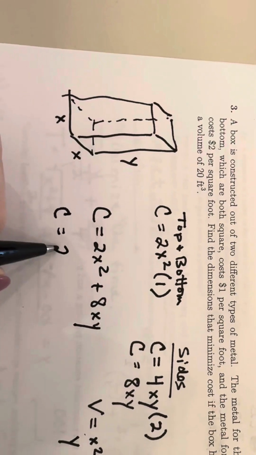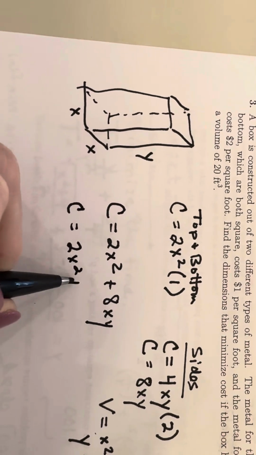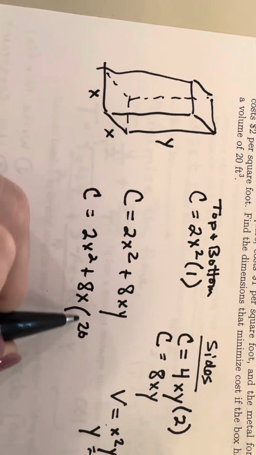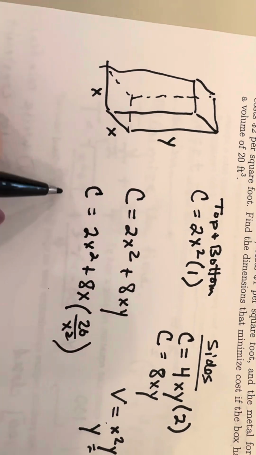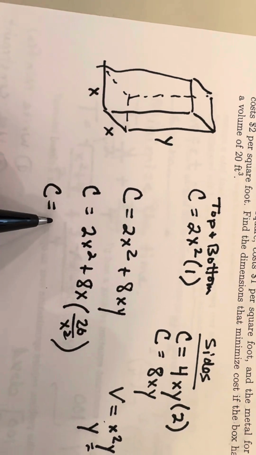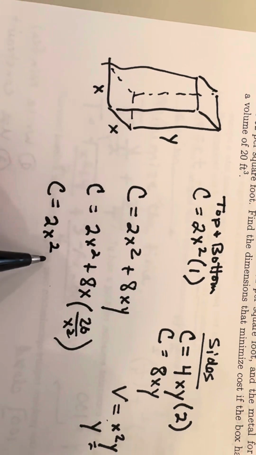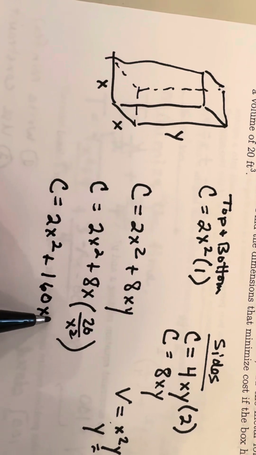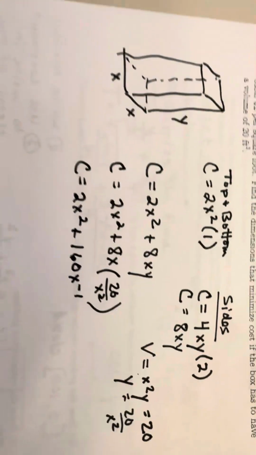We'll come over and now we're going to have our cost function in terms of just x. And we're going to simplify our cost function. 160x to the negative 1. I'll go ahead and write it like that since I'm going to differentiate it next.